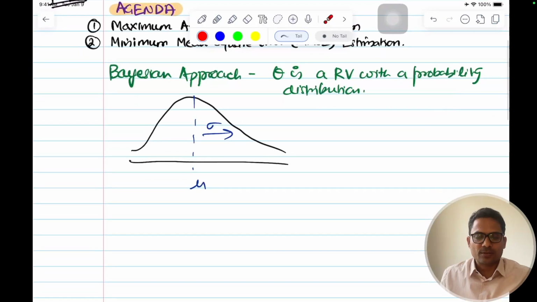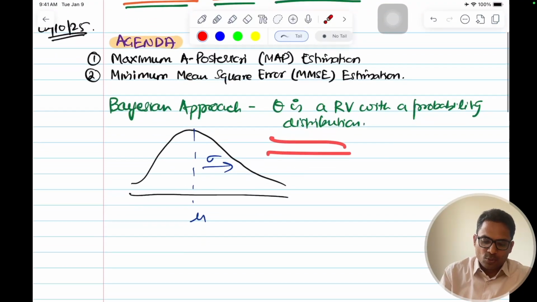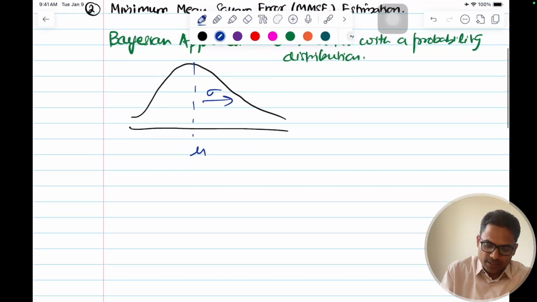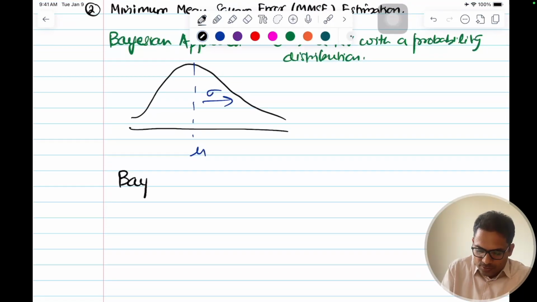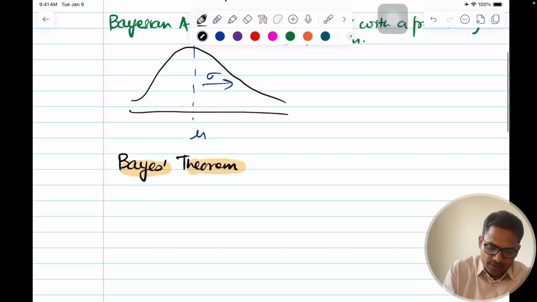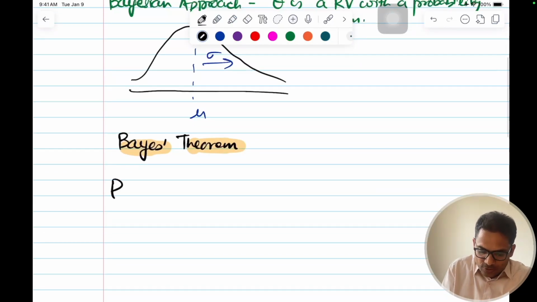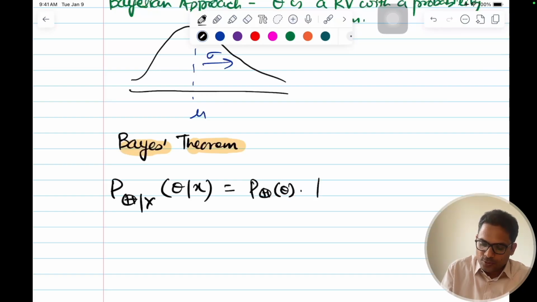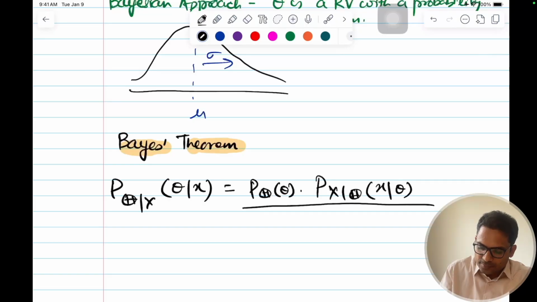So what was the Bayes theorem? Let me write that down. We have discussed this in detail in the last video. P of theta, this is capital theta, given x, is equal to P of theta into P of x given theta, divided by P of x.